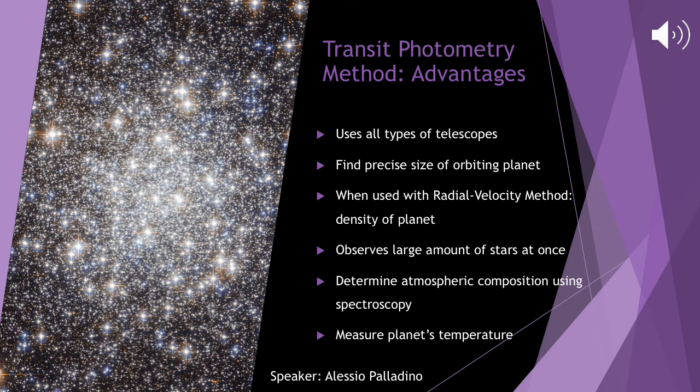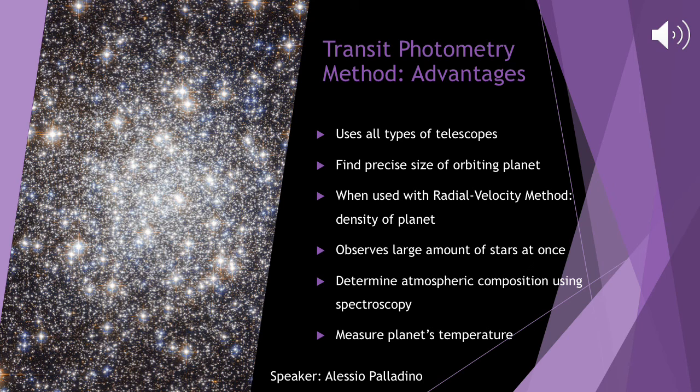While it is great in providing the sizes of planets, transit photometry can also use spectroscopy to study a planet's atmosphere. When a planet is in transit, light from the star passes through the planet's atmosphere. The spectral lines given, produced using spectroscopy, can be analyzed to determine the elements that are present.